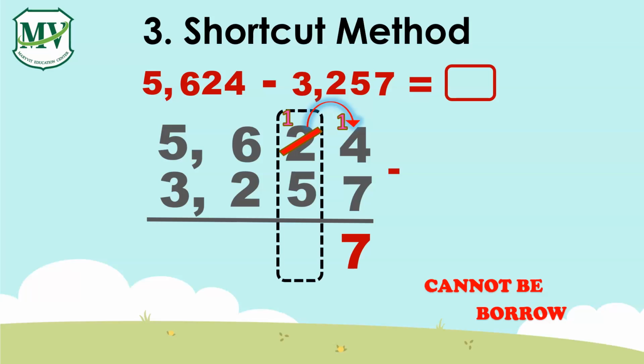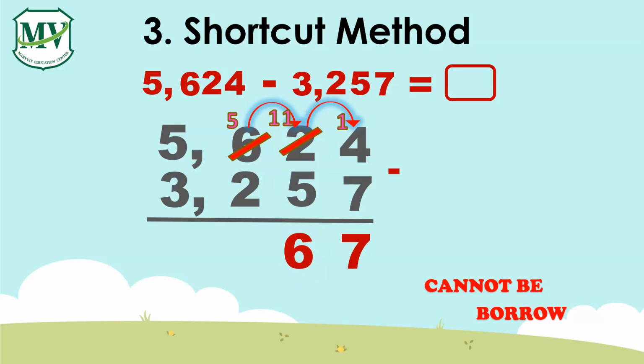Subtract the tens. 1 minus 5 cannot be. We need to borrow from the next place, hundreds. 6 becomes 5. We regroup 100 into 10 tens. 11 minus 5 is 6.